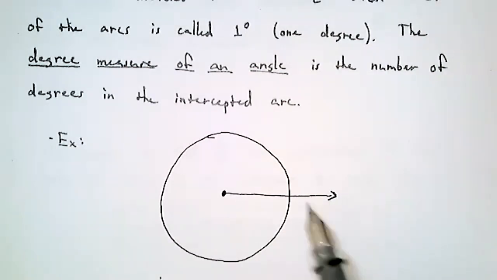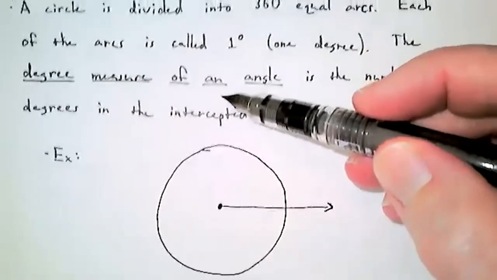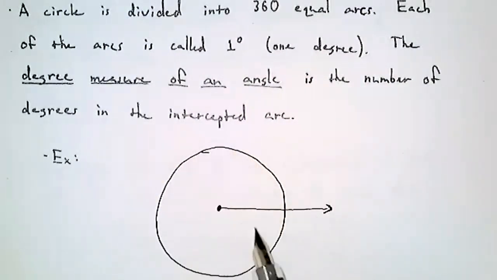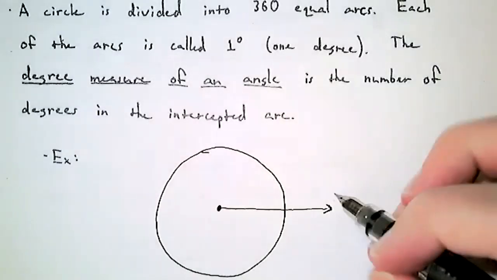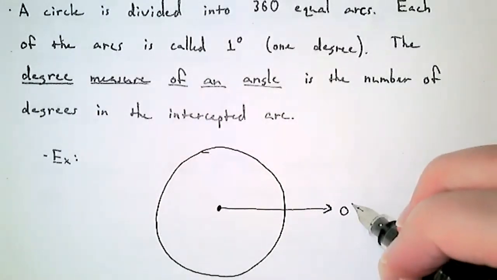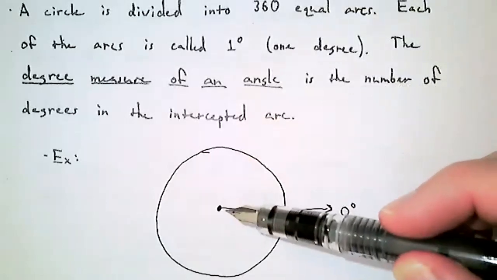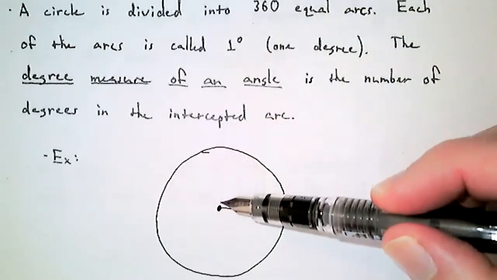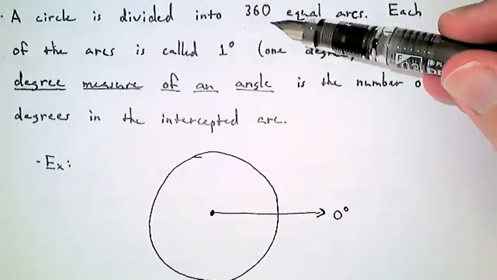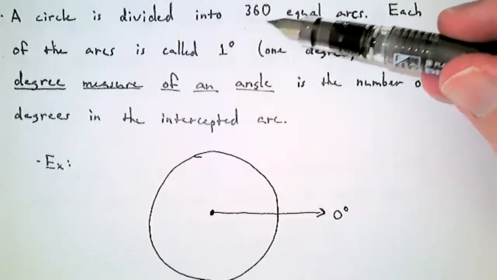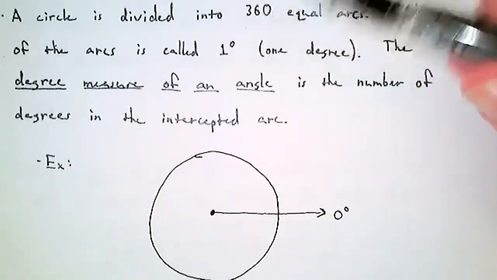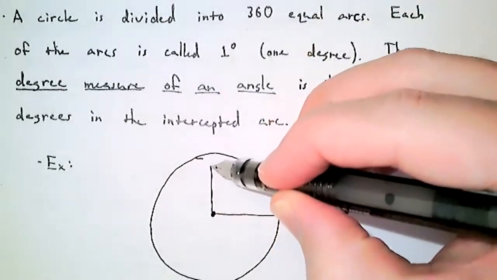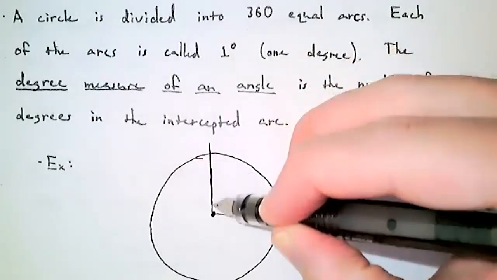If it's 0 degrees, that means it doesn't have any degrees in its intercepted arc. So it's just straight. If I go a quarter of the way around the circle, say I make a vertical here, that means I go a quarter of the degrees. And 360 divided by 4 is 90. A 90-degree angle is up here.